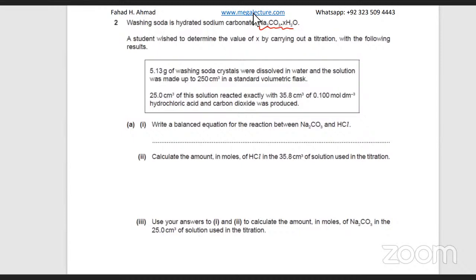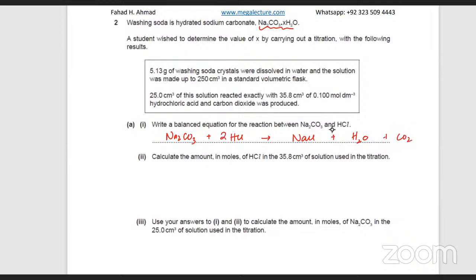So, one second. The washing soda crystal is this. He's asking you to write an equation. So it's the washing soda crystal Na2CO3, and it reacts with HCl. What will happen? Carbonate plus acid gives salt, water, and carbon dioxide.